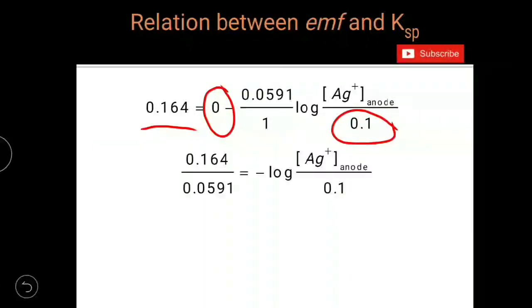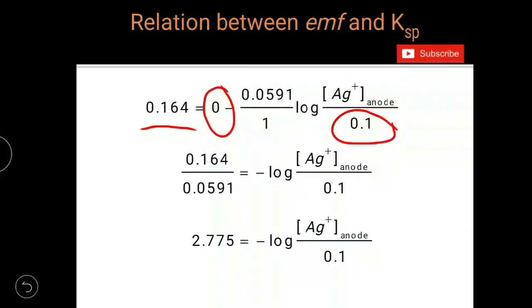So by substituting all these values, you will get 0.164 by 0.0591 is equal to minus log silver ion concentration at anode by 0.1.